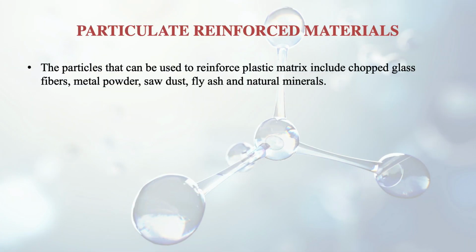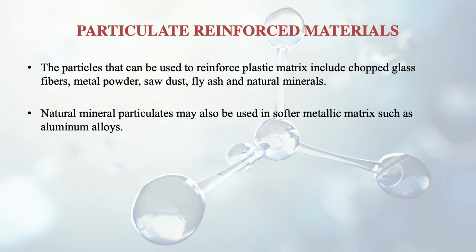It's a very nice property because we can use it accordingly wherever we need, where high temperature is needed or wherever thermal effects are coming. So these are some good properties of particulate reinforcement, and they can be used to reinforce plastic matrix, including chopped glass fibers, metal powder, sawdust, fly ash, and natural minerals.